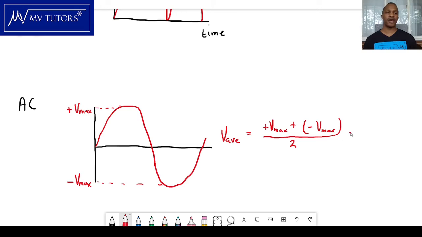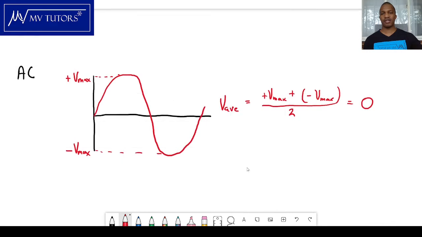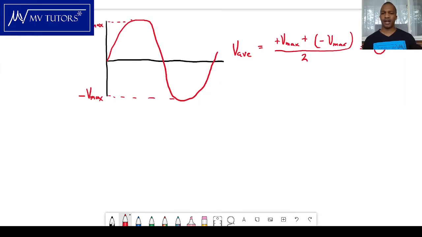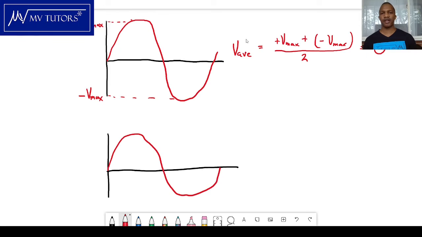And you find that it adds up to 0. So that's not going to help us. Now let's look at the current. Maybe that will help us. If you take the current, you'll find that it also behaves exactly like the V.